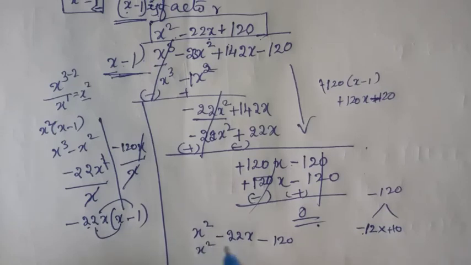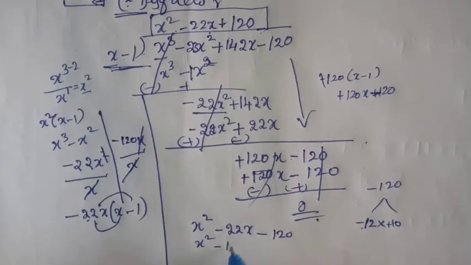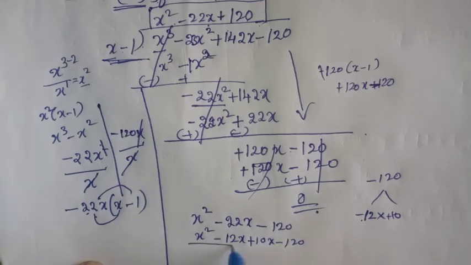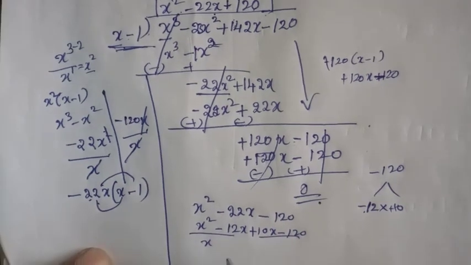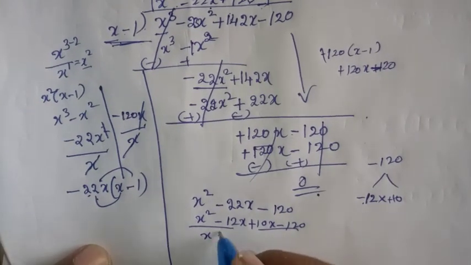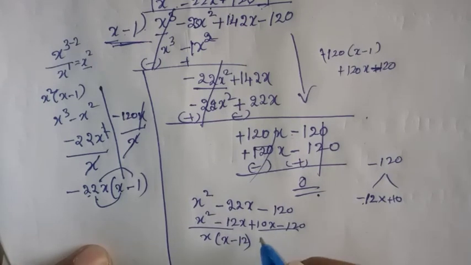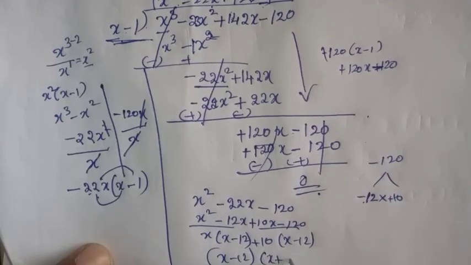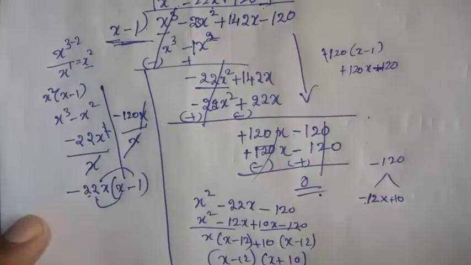Simplify. That is x square minus 12x, next plus 10x minus 120. Next take common outside. Here x is common into x minus 12. Here 10 is common, x minus 12. So x minus 12 into x minus 10. So these are the factors.